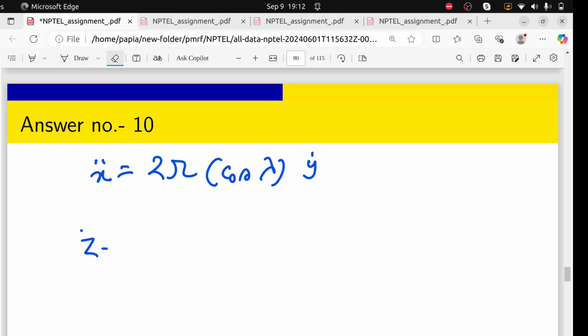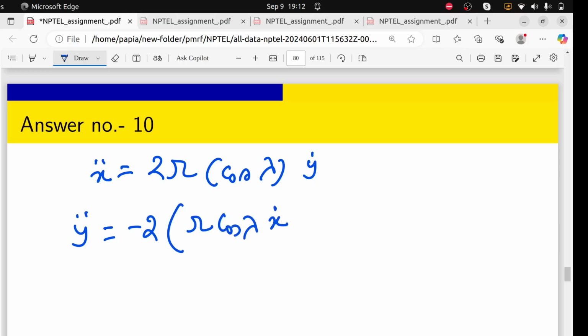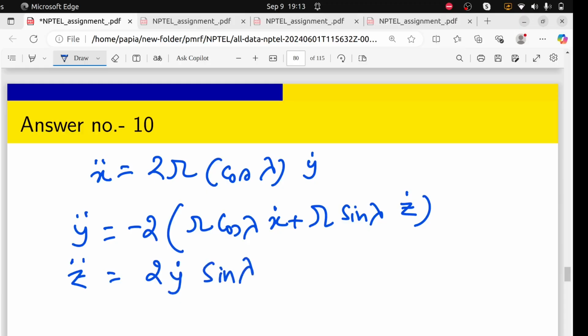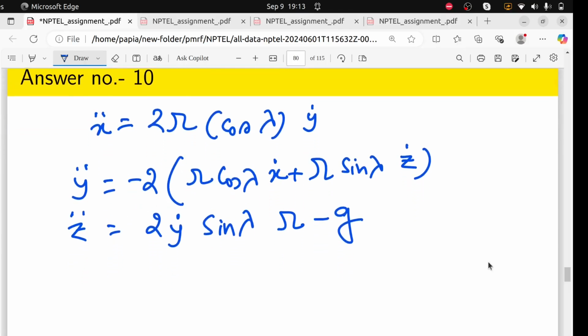Let me write a little bit further. y double dot is minus 2 omega cos lambda x dot plus omega sin lambda z dot, z double dot is 2 y dot sin lambda omega minus g.